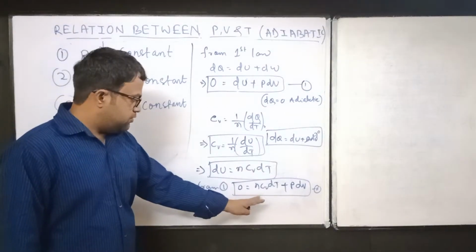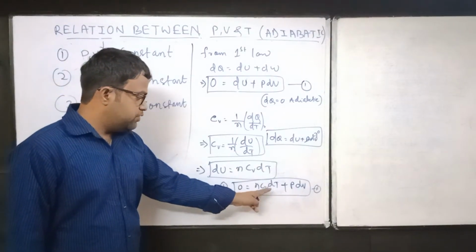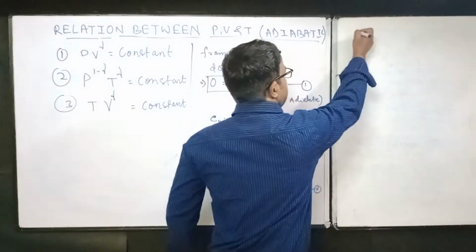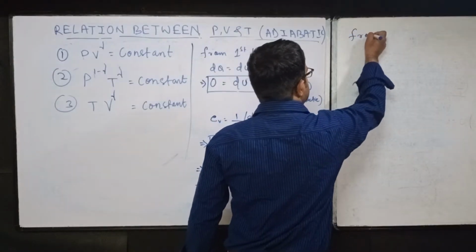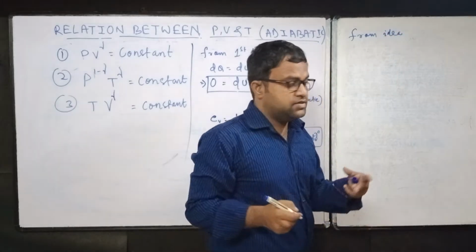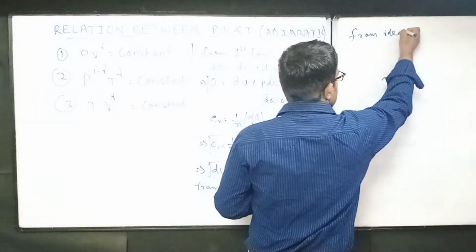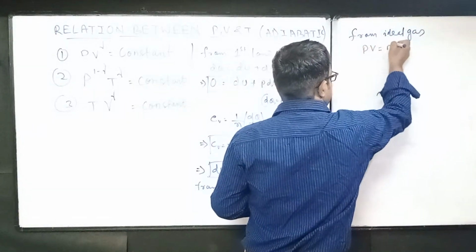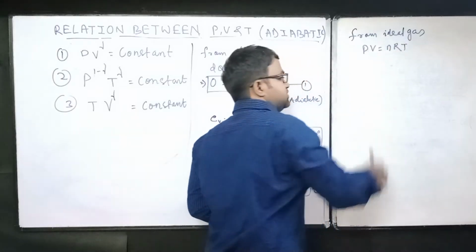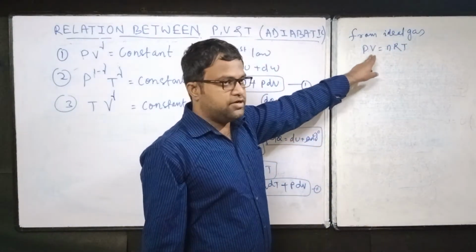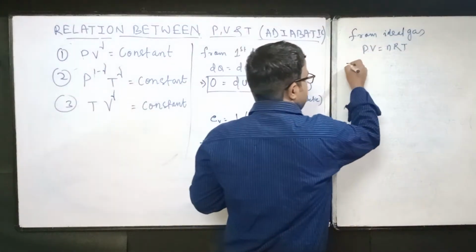Fine. Now we will replace this dT using the ideal gas equation. We know that an ideal gas obeys the law PV equals nRT, where R is the gas constant, n is the number of moles, T is temperature, P is pressure and V is volume.